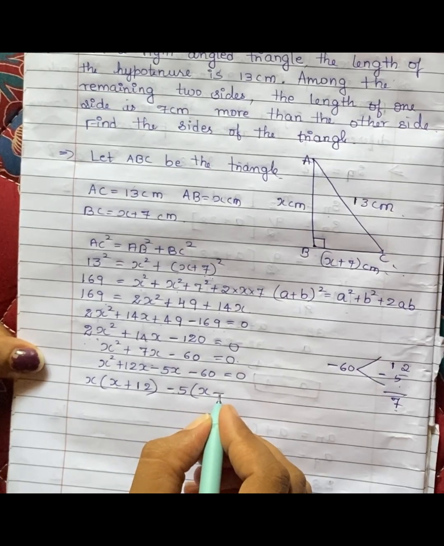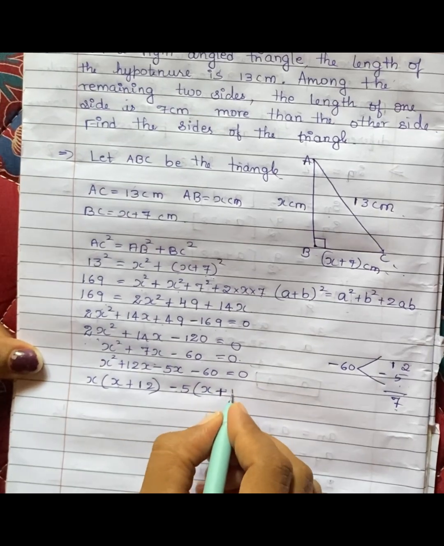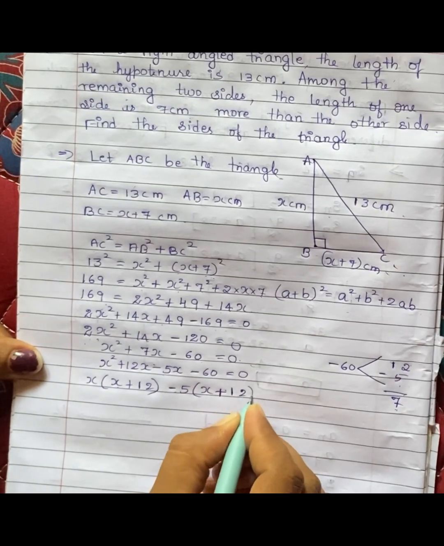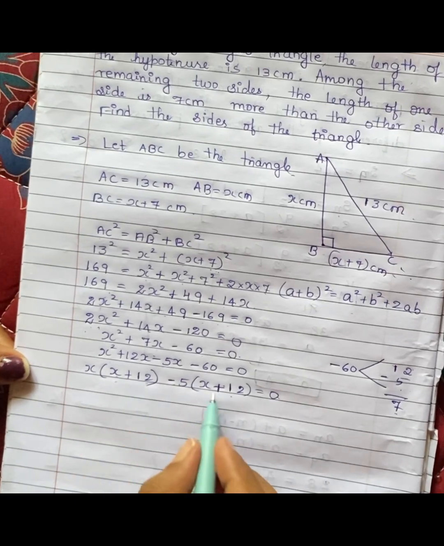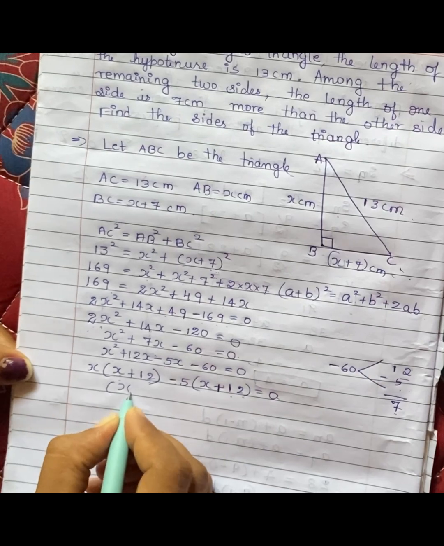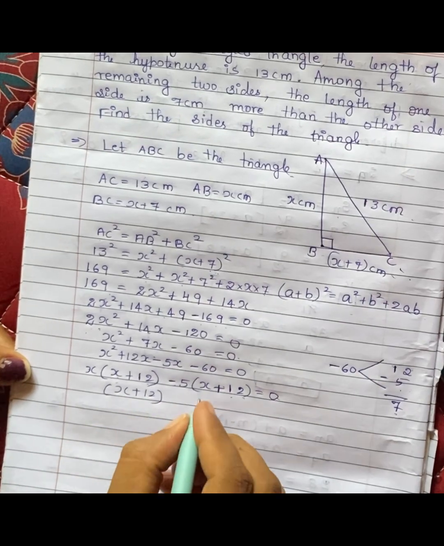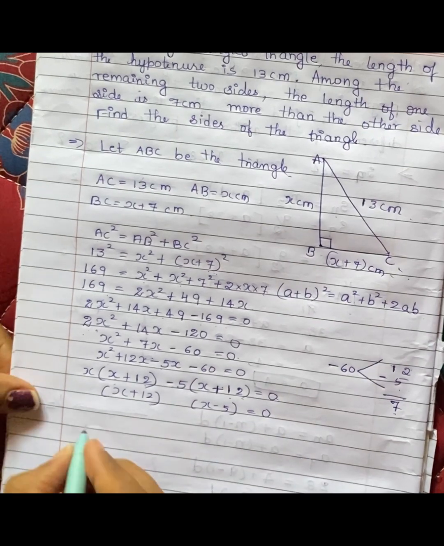So I write it as plus, equal to 0. Now we have two factors. One is x plus 12. Another one is x minus 5. So I'll write it as x plus 12 and x minus 5 is equal to 0.